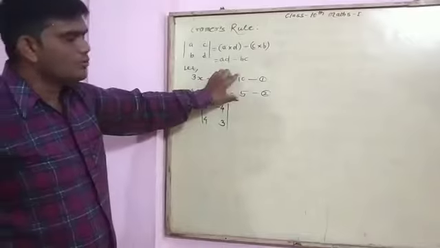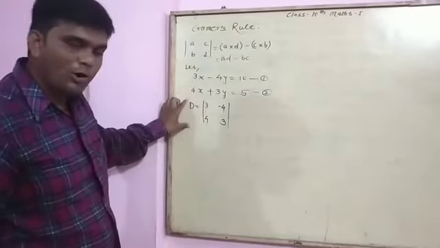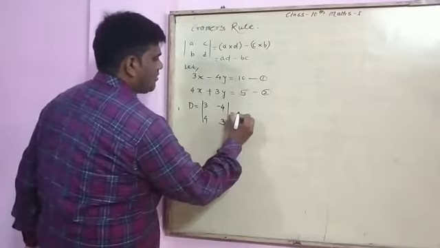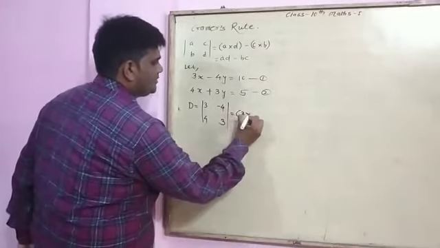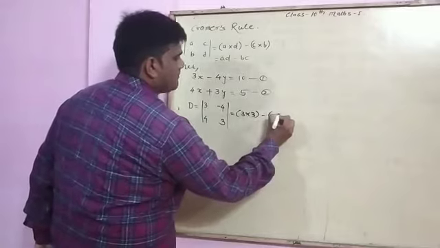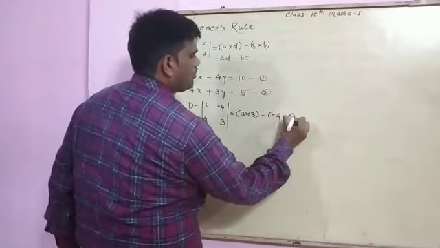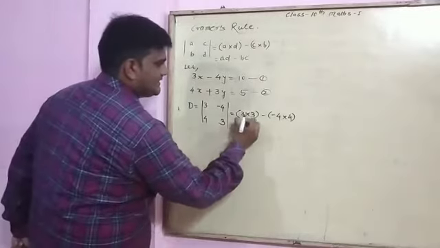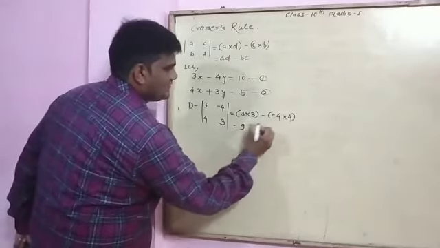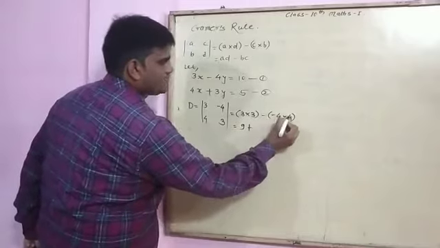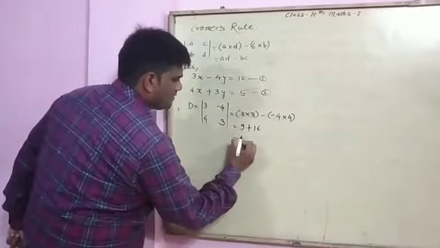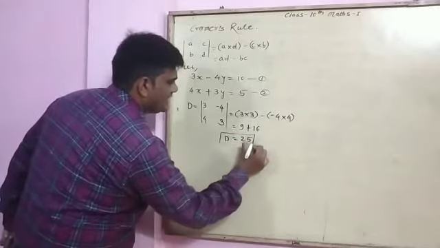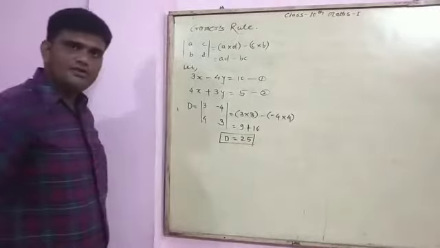And you don't need to write the constant terms while finding the value of D. Then we solve: 3 into 3 minus minus 4 into 4. 3 3s are 9, minus into minus is plus, 4 4s are 16. 9 plus 16 is equal to 25. This is the value of D.